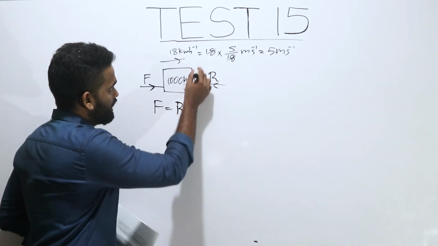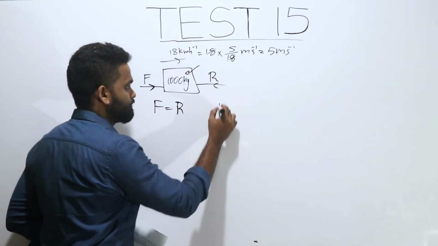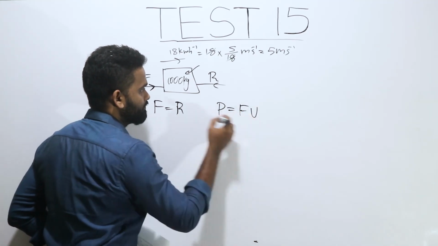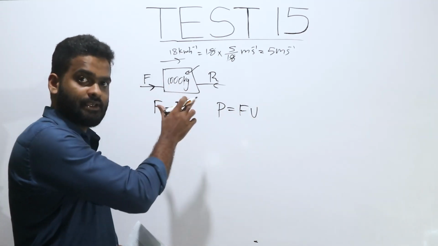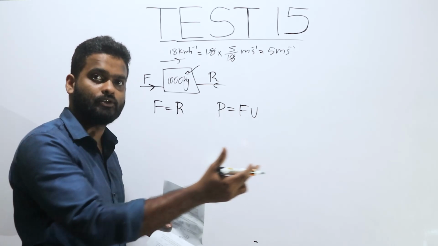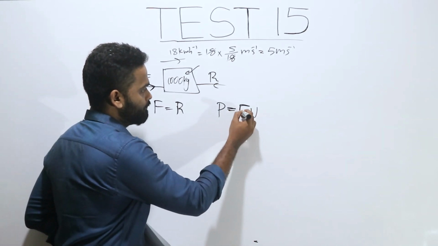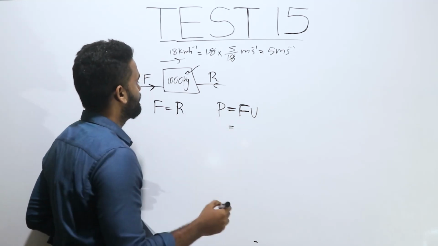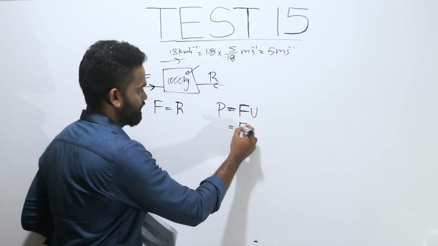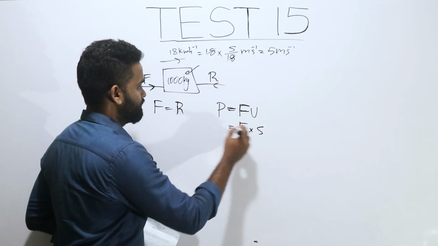Then to the car, I will apply this equation, power equals FV. I am applying the equation for this case when it is moving at constant velocity. So power is equal to FV. F is the driving force, V is velocity, that is 5.